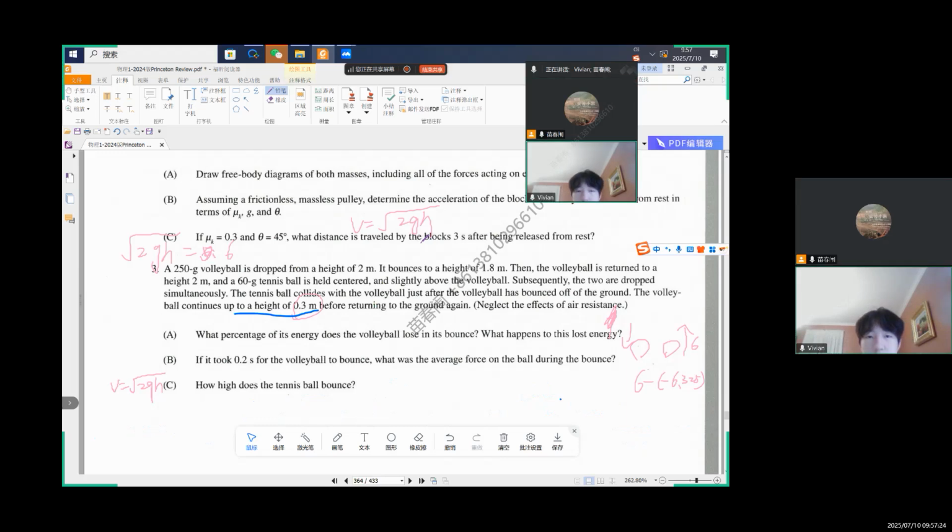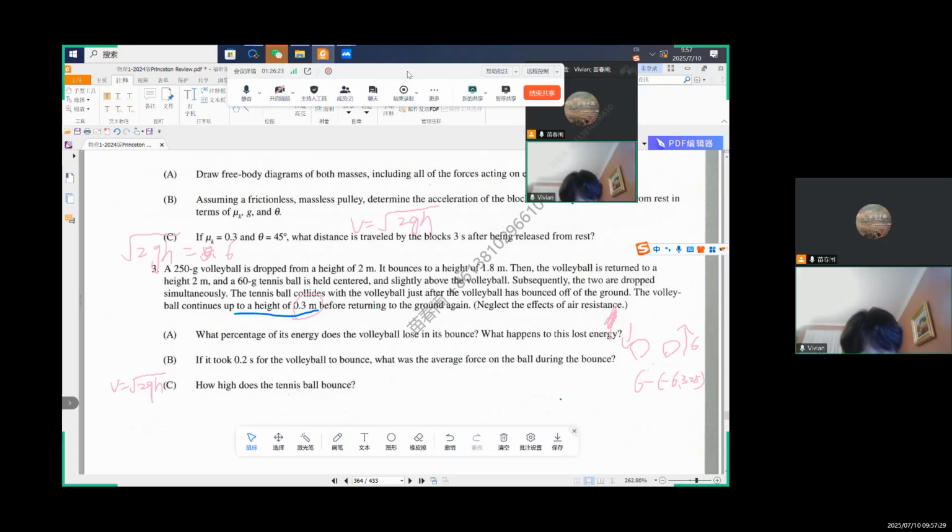Okay, conservation of momentum. That means M1V1 equals M2V2, right? Right, momentum before, the two balls, the tennis ball and the volleyball.